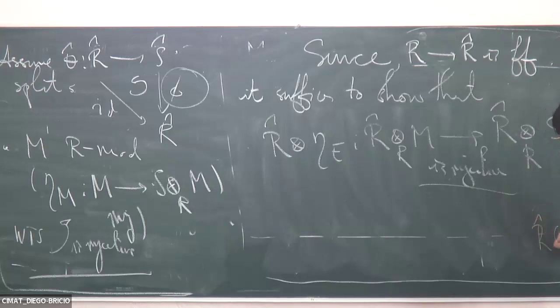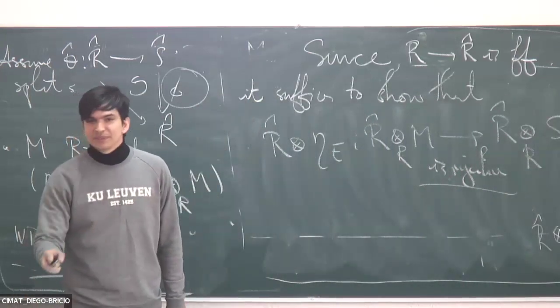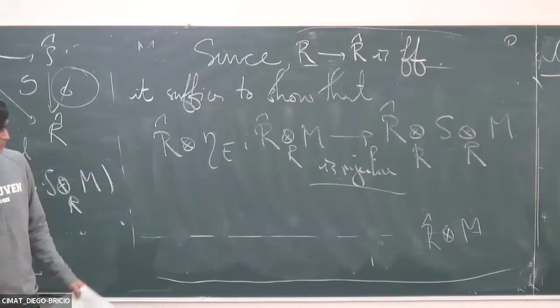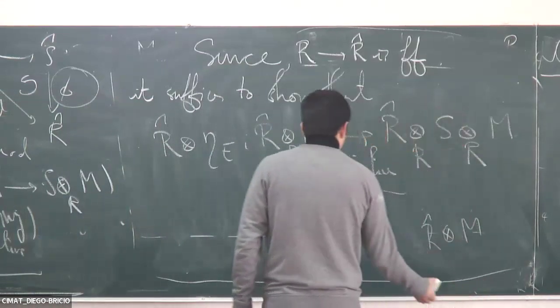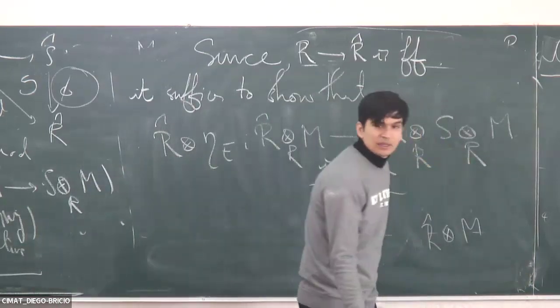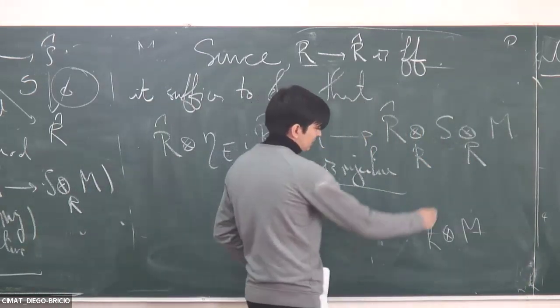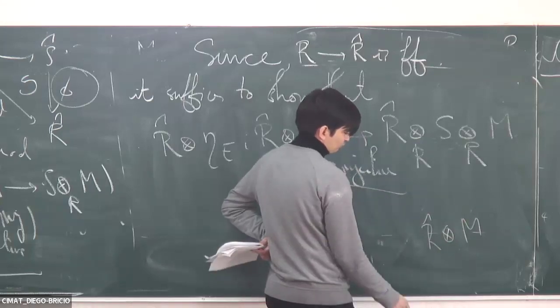But question, how do you do that? Would there be, by any chance, a map that goes from here to here that would work as a splitting? What do you think? Is there a map from here to here that I can use?